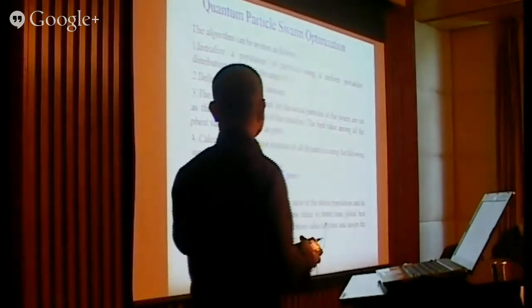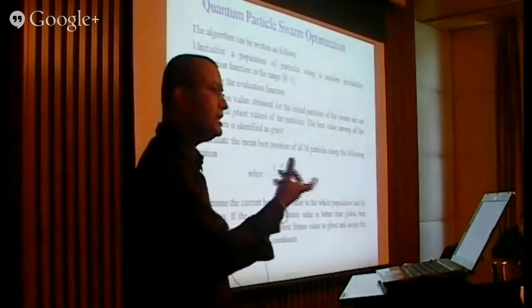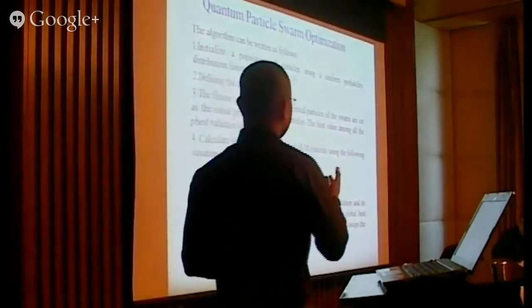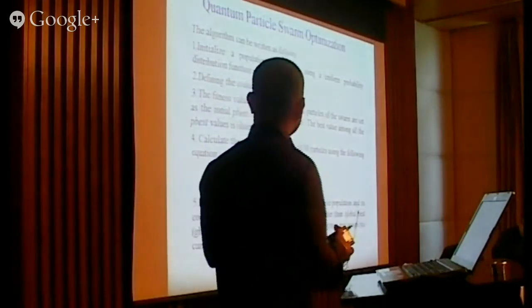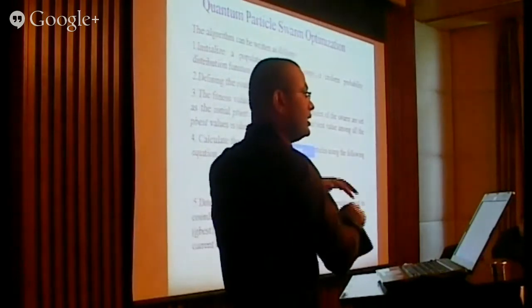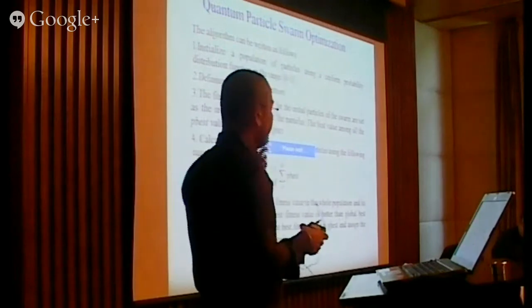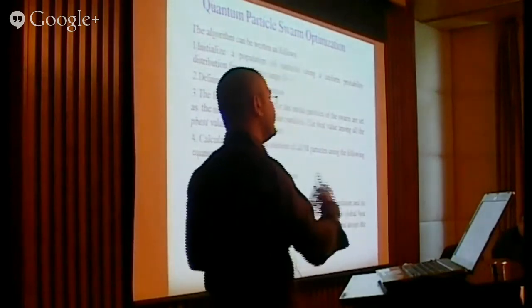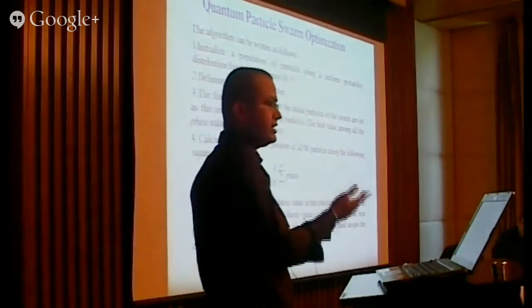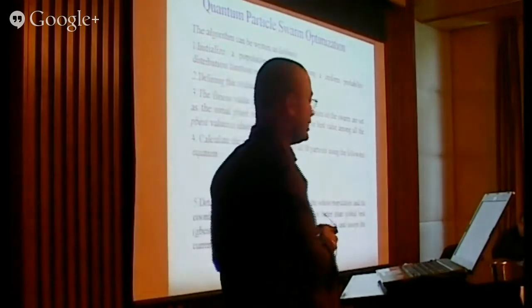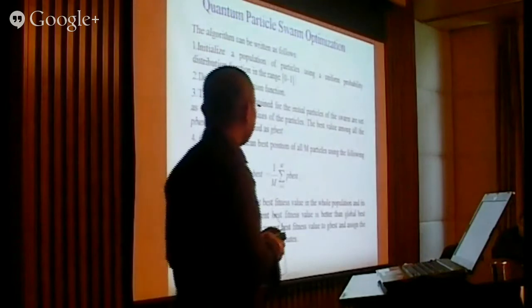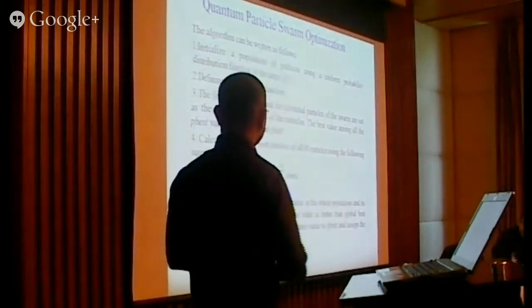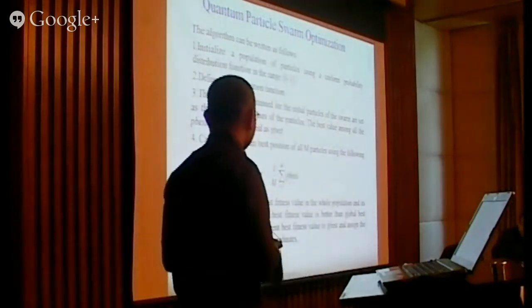Third, the fitness values obtained by the initial values of the particles are set as the personal best of the particle, and the best value of all the personal bests is set as the global best. Fourth, calculate the mean best position of the particles, which is given by the equation.